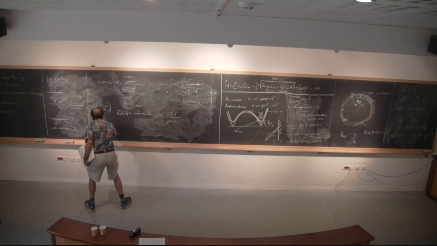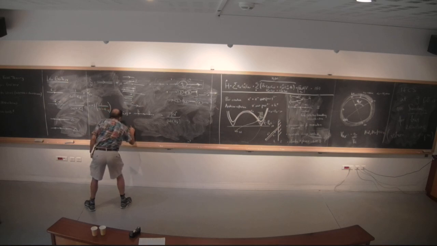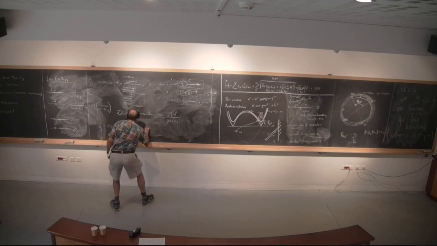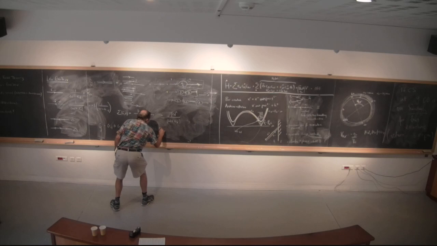And so this full propagator here can be written as G0 plus G0 sigma G0 plus ... G0 sigma G0 to the power n.